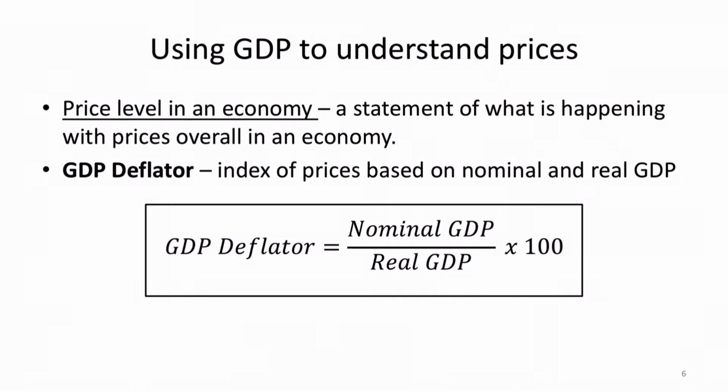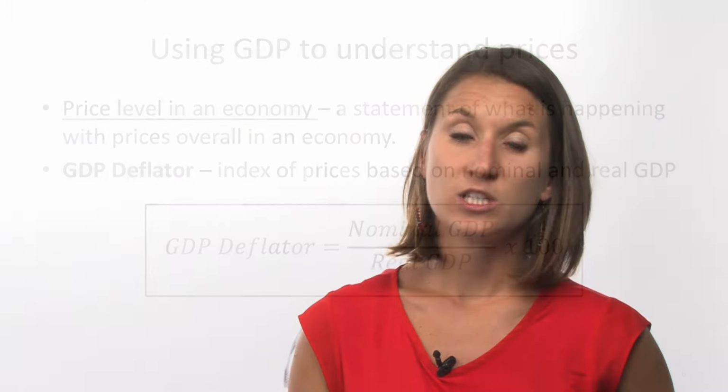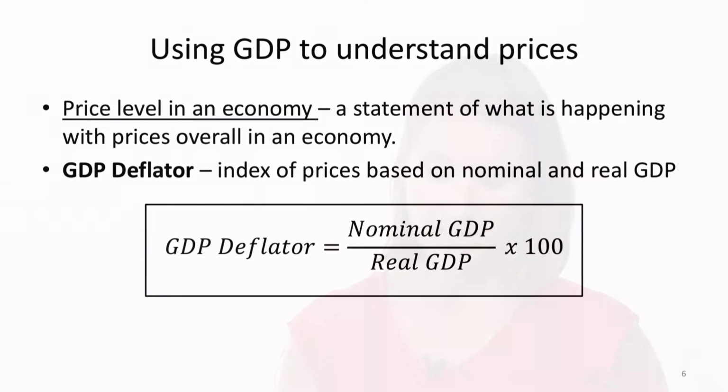Now, because of the differences in nominal and real GDP, we can use these values to understand prices. Remember, with nominal GDP, the prices are changing each year in our calculations. With real GDP, our prices are staying constant each year. So the price level in the economy gives us a statement of what happens with prices in general.